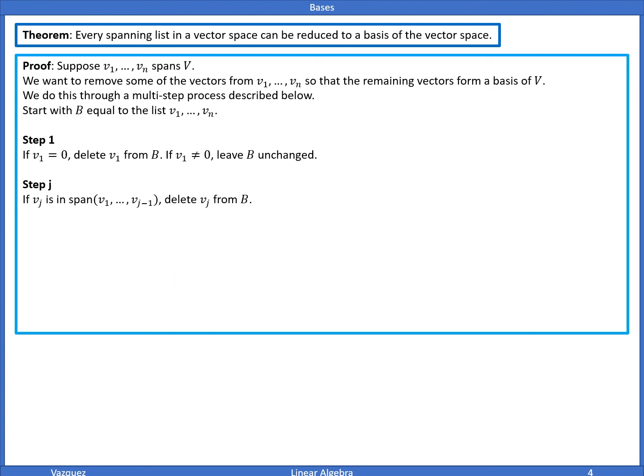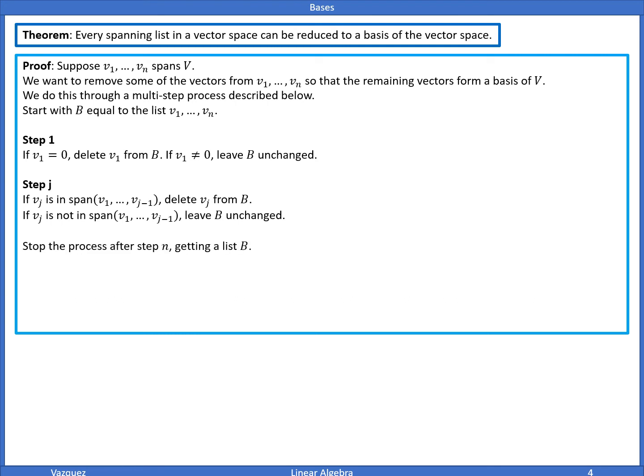Well, step j, if Vj is in the span of V1 all the way to Vj minus 1, then take that out, because our list will still span the vector space, since Vj will just be linearly dependent on all those other vectors. So we can still just take it out. But if Vj is not in the span of V1 to Vj minus 1, well then leave B unchanged, because we will need that in there to be a basis.